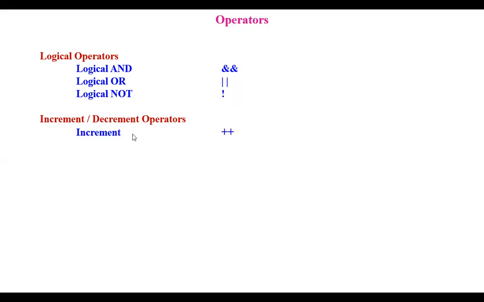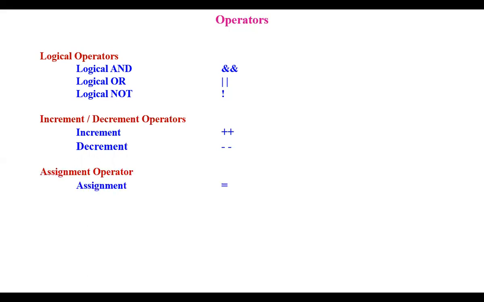So for increment we use plus plus. If you are seeing this for the first time, you may wonder why plus and plus are put together, as generally we would have seen only one plus operator so far. Why so? We'll get all the details later.